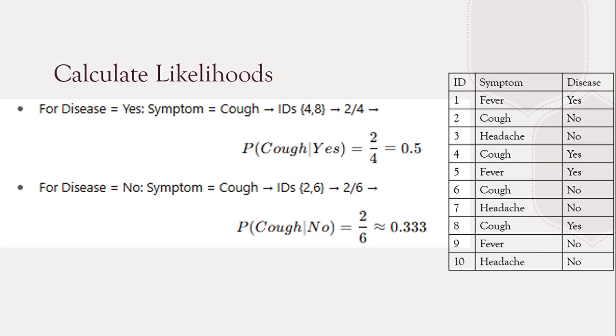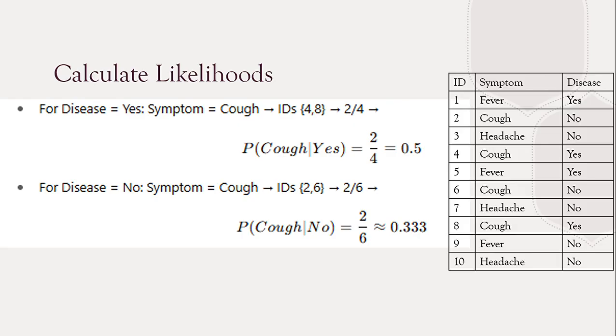So that's why probability of cough given yes is equal to 2 transactions in which cough and yes is present divided by 4, that is nothing but how many times yes is present. So probability of cough given yes is 50%.